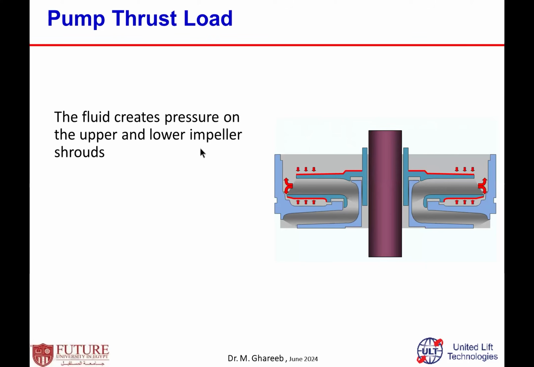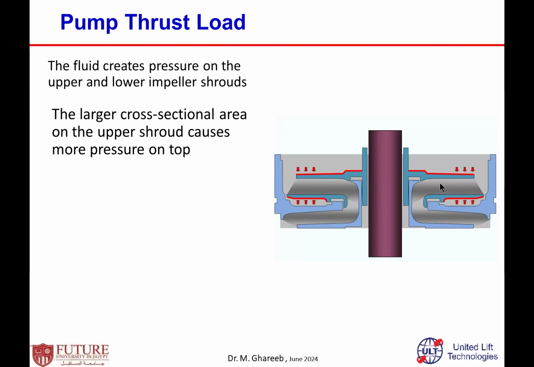The fluid creates pressure on both the upper and lower parts, because the fluid goes up like this. But the upper part has a bigger area than the lower part. The impeller surface has a large cross-section area on the upper shroud, which means more force on the top than on the bottom.